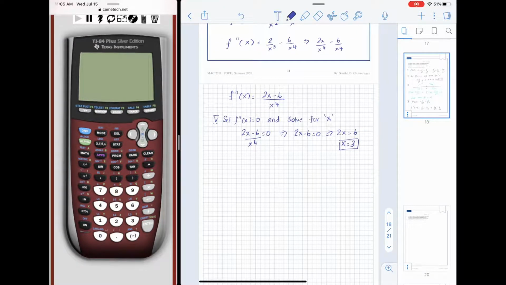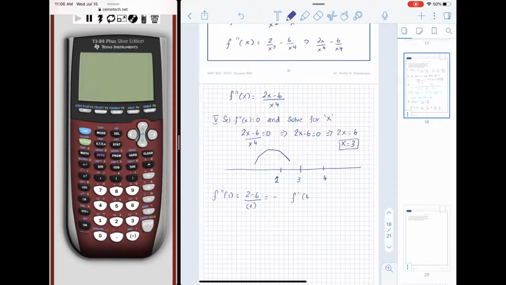So the point of inflection is 3, so I'm going to pick an easy number on the left and an easy number on the right. So my test point here would be 1, test point there would be 4. The denominator is positive no matter what number you plug in. So I would have 2 minus 6 over positive, which is a negative number, so it is concave down.